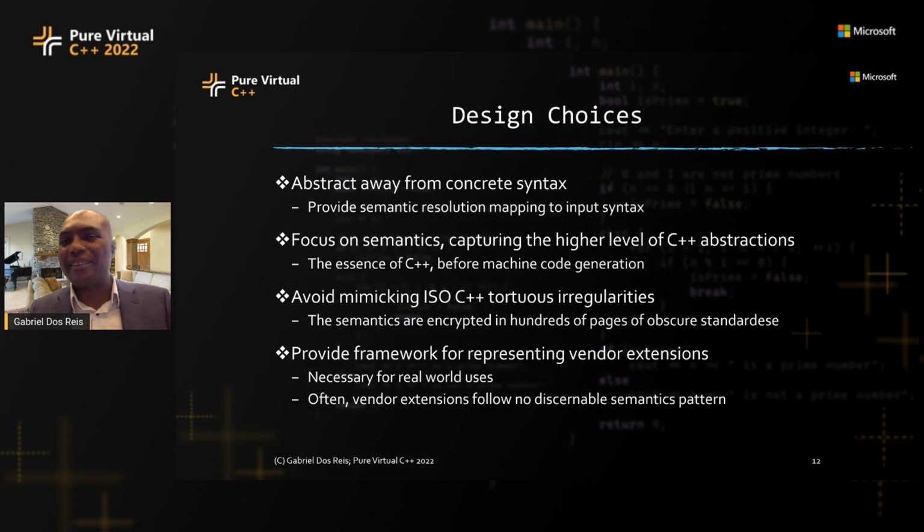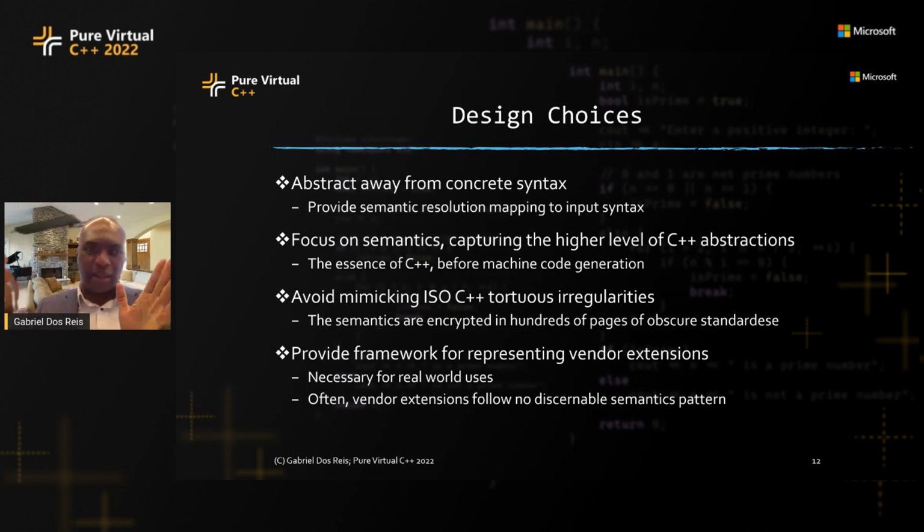The first thing is to abstract away from concrete syntax. What I mean by concrete syntax is all these grammar productions that go around. What you want is a mapping from the concrete syntax to the semantic resolution, and make sure that the semantics capture absolutely everything.